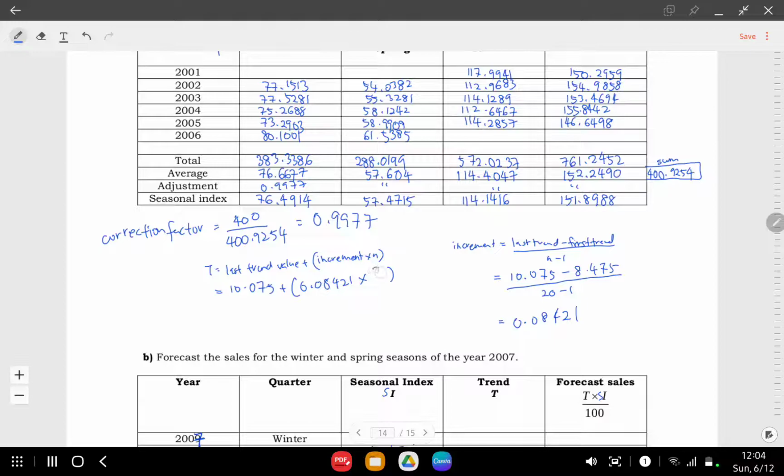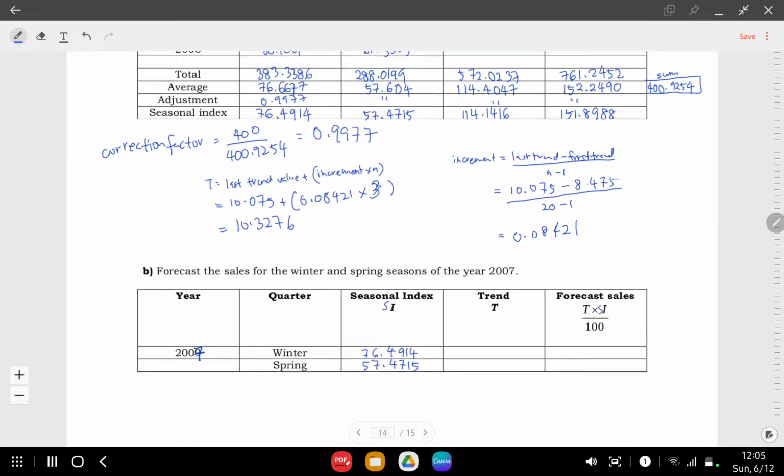For forecasting the trend for winter 2007, winter is 3, so n is 3. We calculate here. Okay, so the answer is 10.3276. That's the forecast trend for winter 2007.